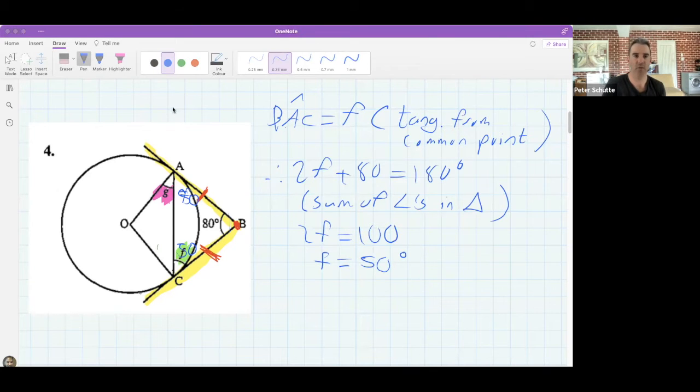Can anybody think of a theorem that involves tangents? And is there a center of the circle involved, maybe? Who else can think of something? We have a hand from Teddy. Yes, Teddy, what did you notice? Afternoon, sir. This one is a bit tricky, but is it possible to say that angle O, like the inside of it, is 100?